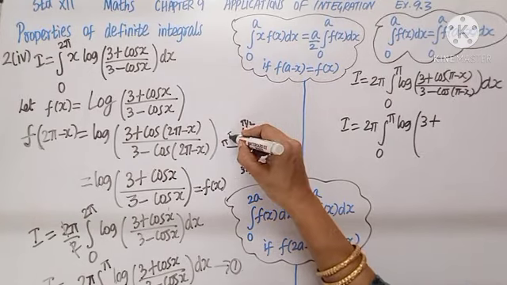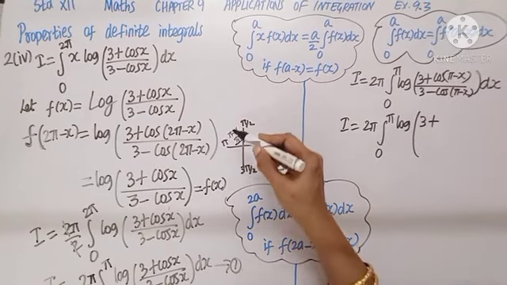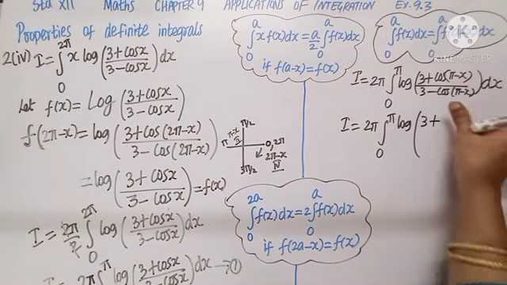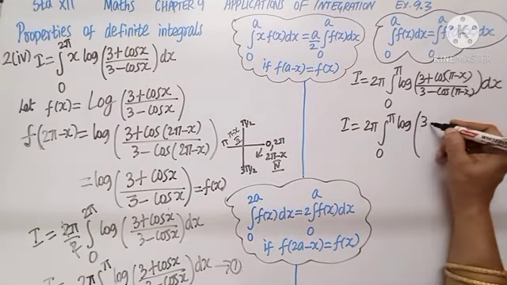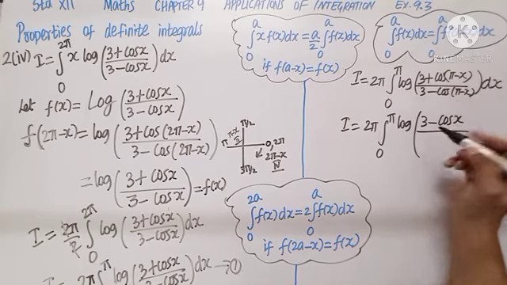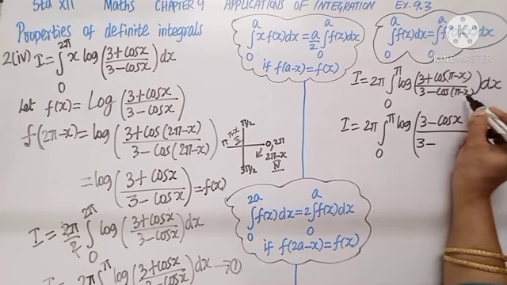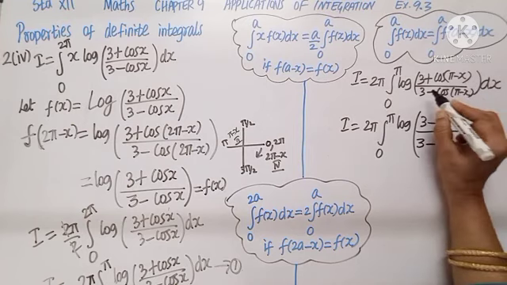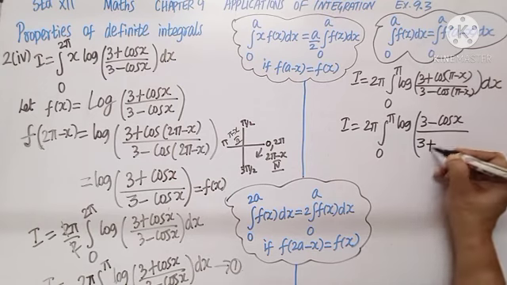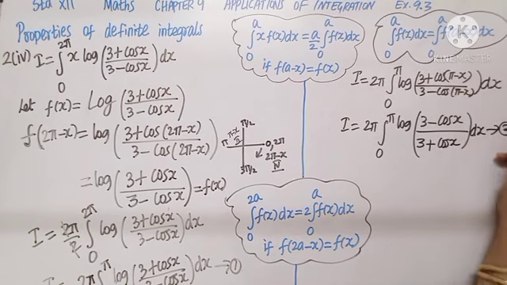So pi minus x will come here, which is second quadrant, where cos is negative. So plus cos of pi minus x will become minus cos x. Denominator, the same idea. Cos of pi minus x is minus cos x. There is already a minus symbol, gives us plus cos x. Call this as number 2.